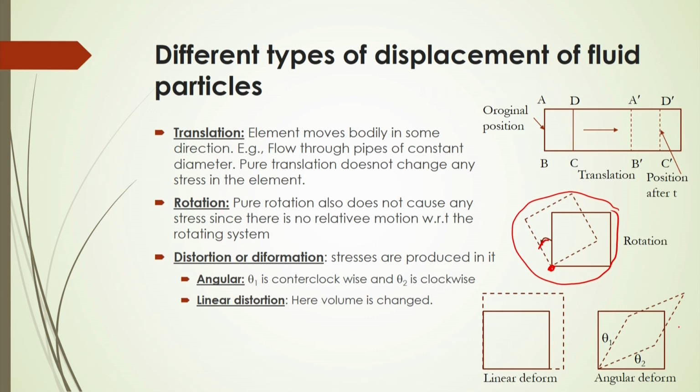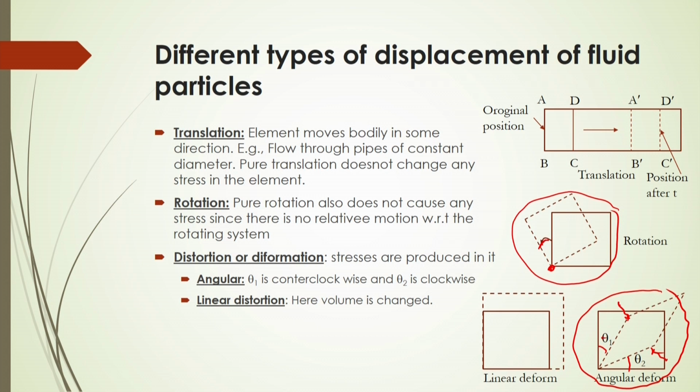If we consider angular deformation, by stressing these two points in this direction, there will be a deformation of this object or fluid particle with angles theta 1 and theta 2. Theta 1 is the counterclockwise angular distortion, and theta 2 is the clockwise angular distortion.